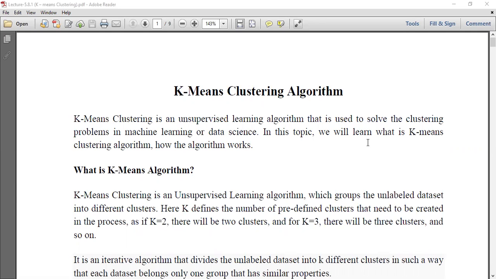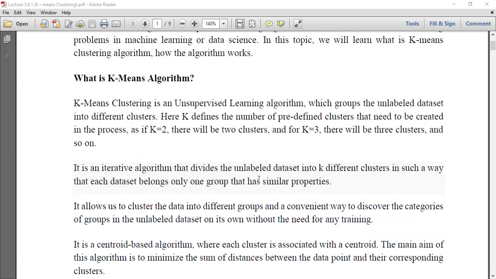So, what is K-means clustering? K-means algorithm. K-means clustering is an unsupervised learning algorithm which groups the unlabeled data sets into different clusters. Here, K defines the number of predefined clusters that need to be created in the process, as if K equals 2, there will be 2 clusters, and for K equals 3, there will be 3 clusters, and so on.